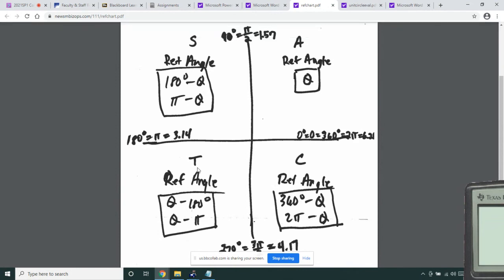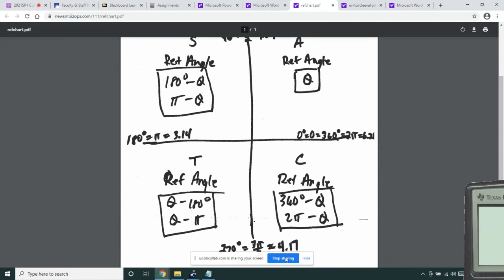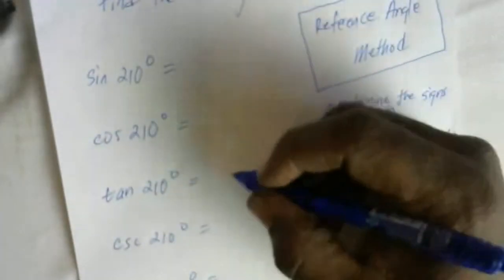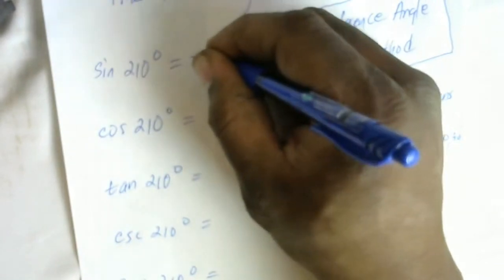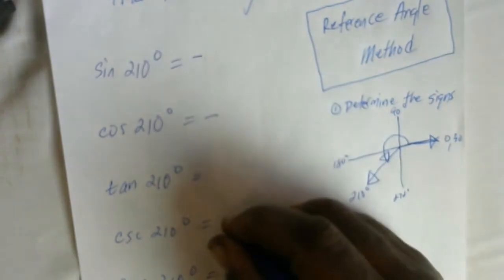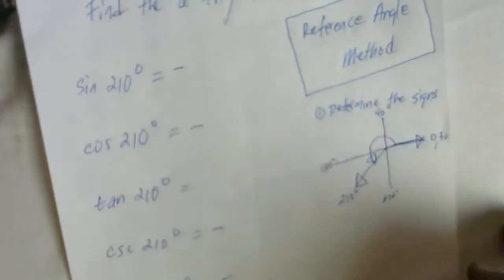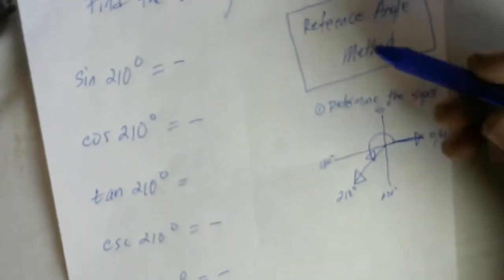All of the other trig functions are negative. So in the third quadrant, only the tangent and the cotangent are positive. Everything else is negative. So that's the first thing I did, was determine my signs.